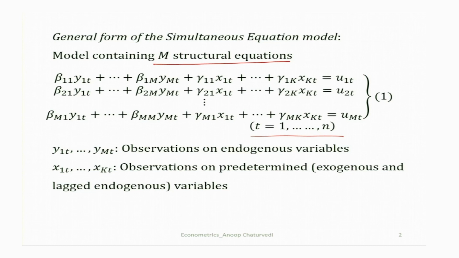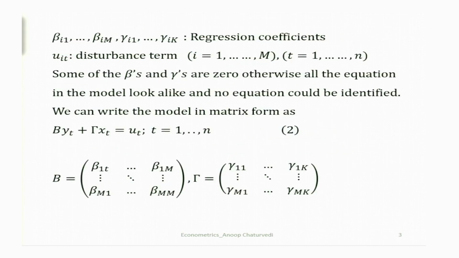In all you have capital M endogenous variables and capital M equations in the structural form of the model. Then beta i 1, beta i 2, ... beta i m and gamma i 1, gamma i 2, ... gamma i k are the regression coefficients. u i t is the disturbance term. Here i varies from 1 to m and t varies from 1 to n.